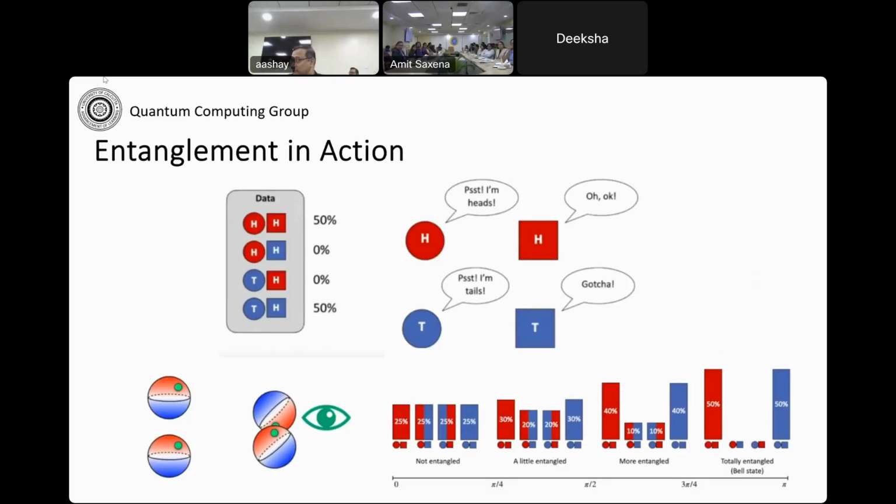With the different ways I introduce entanglement, I can move from a completely non-entangled state to a little entangled state to a more entangled state and a totally entangled state, which is a disruptive distribution. Okay, so this is something where we can have very good control on what distribution we want, in terms of the outcome.